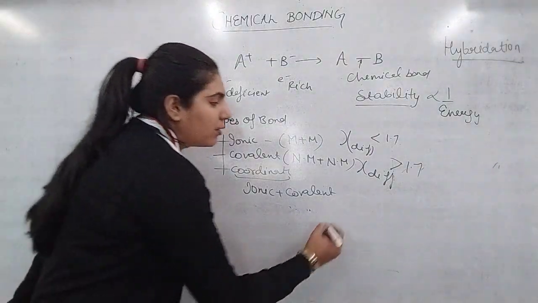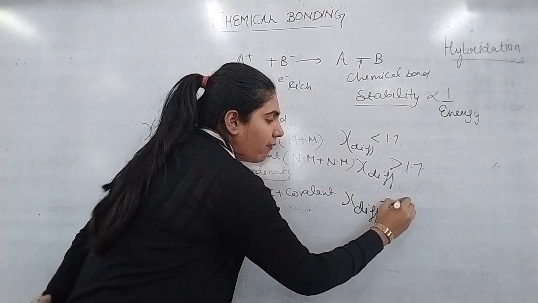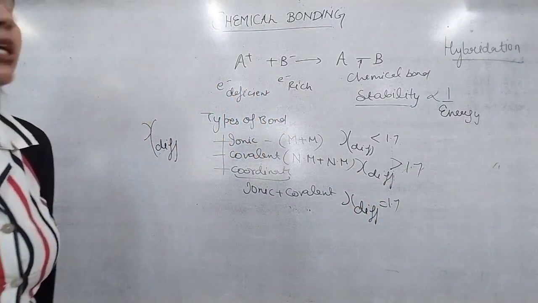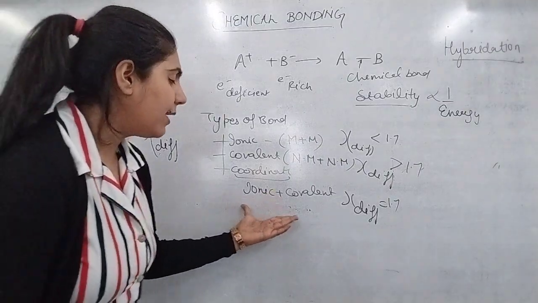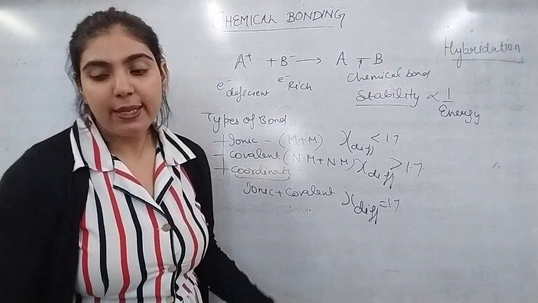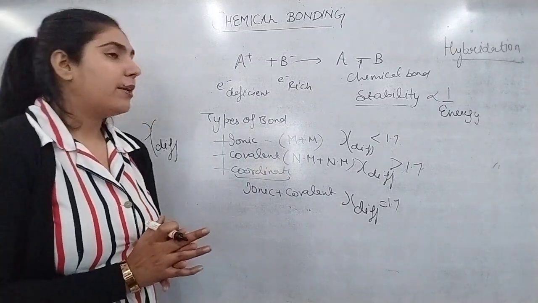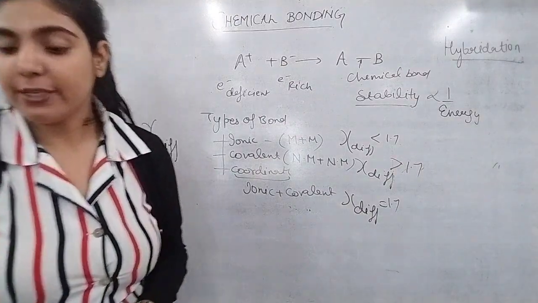But if the electronegativity difference is equal to 1.7, that would be a coordinate bond, right? That means it has both ionic as well as covalent character. How much percent of which character is there, that can be calculated. We will discuss later.